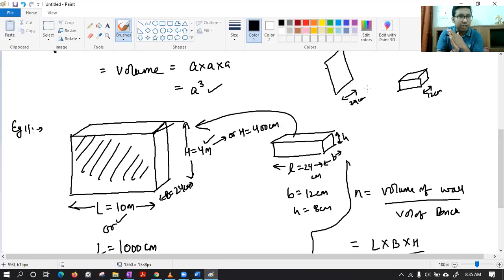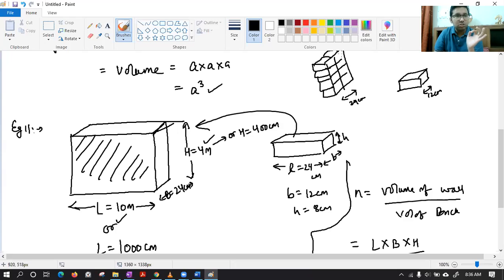Vaishnav, 24. So this way they have made the wall. So here you are not talking about only the faces, you're talking about the inner content also. That is why volume is used over here.